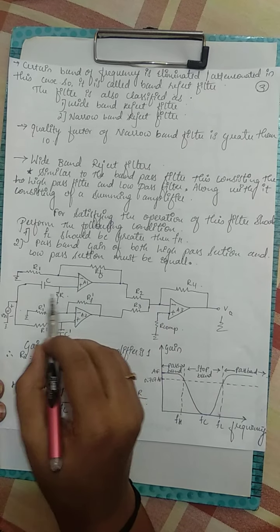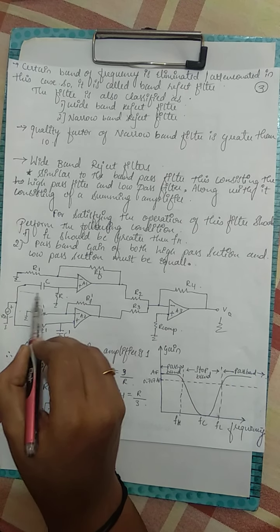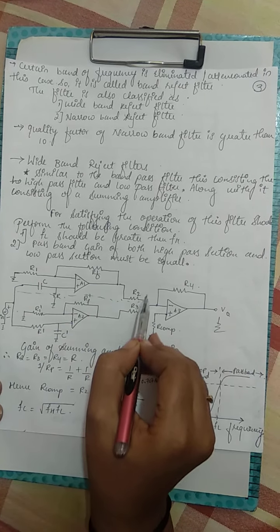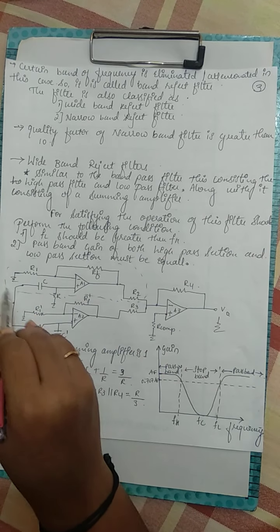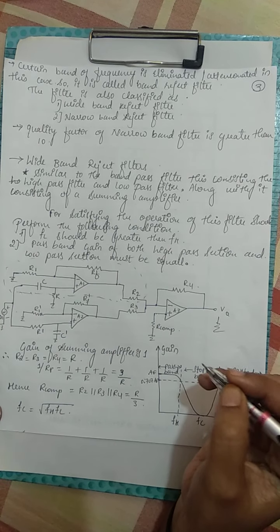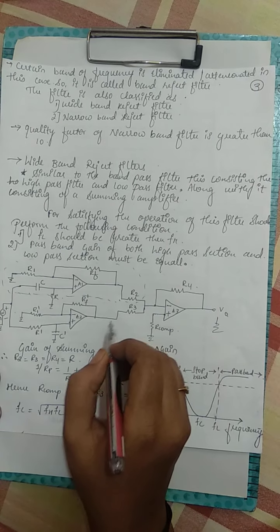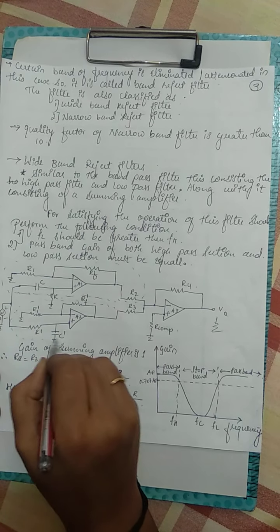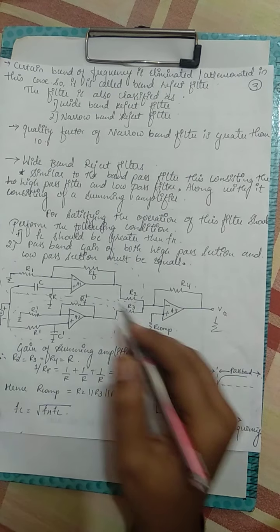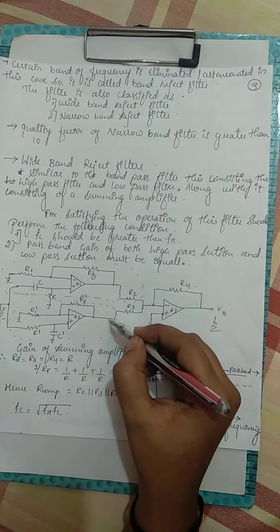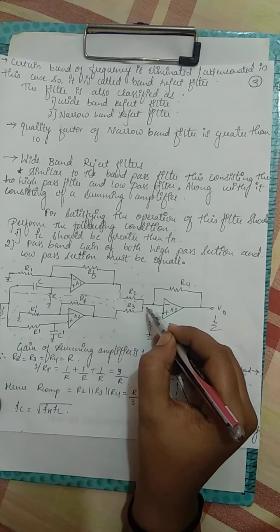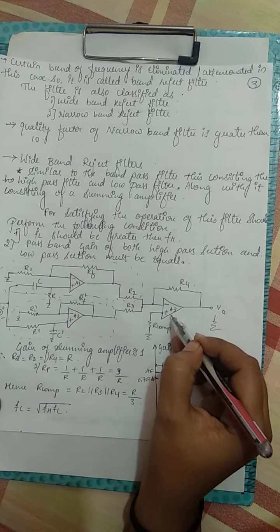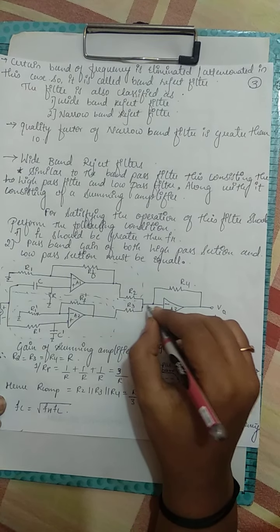So you can see this circuit is your first order low pass filter, and this is the high pass filter. Both the high pass and low pass filter outputs are given to the summing amplifier as the input.